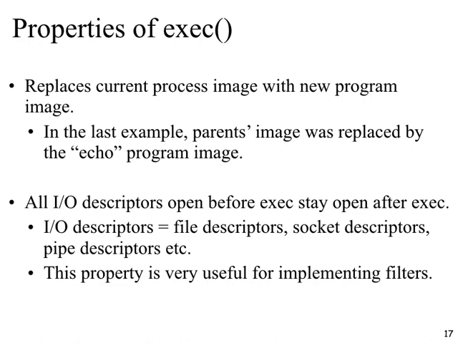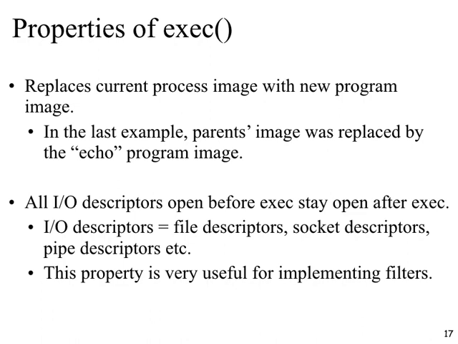Now, this may seem very strange, but remember that the file descriptor state, or even say the socket descriptor state, is maintained by the operating system. So it's not part of the memory image, and the operating system keeps these descriptors open to enable certain useful functionality. When we look at inter-process communication, we will see how pipes can be used to redirect the output of one process into another process.